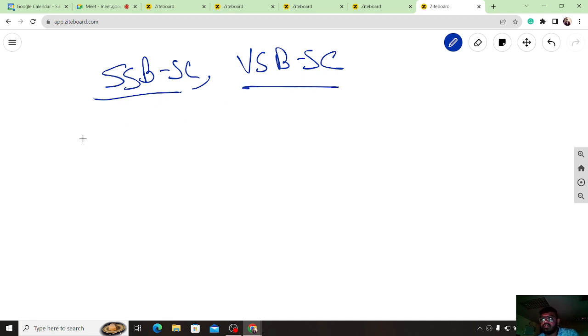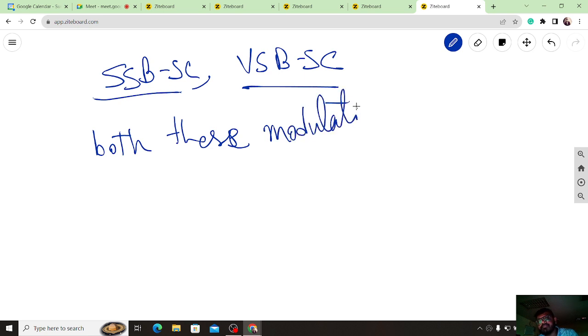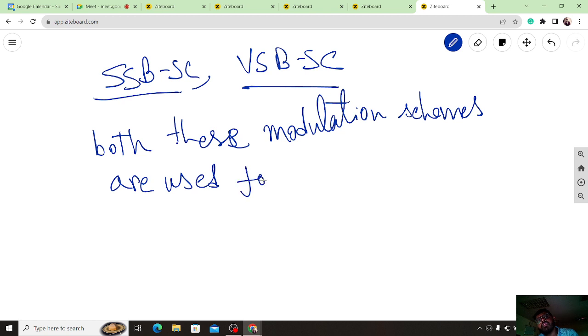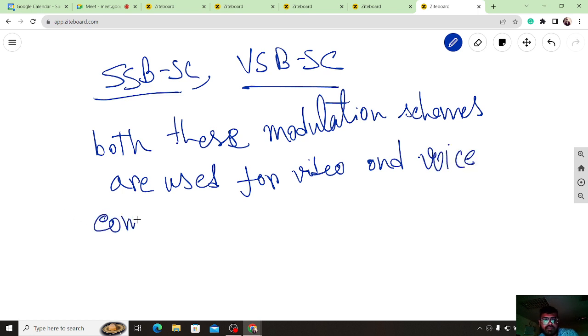The statement was that both these modulation schemes are used for video and voice communication. And you have to comment whether it is true or false.